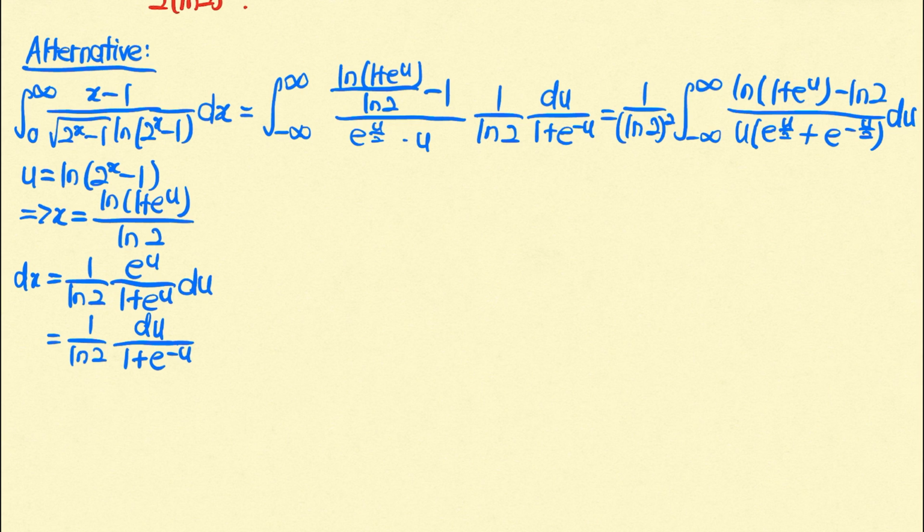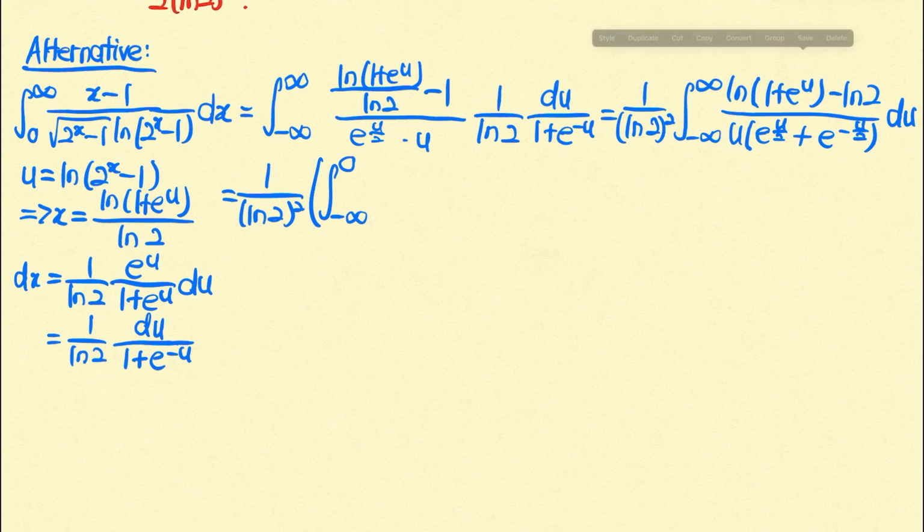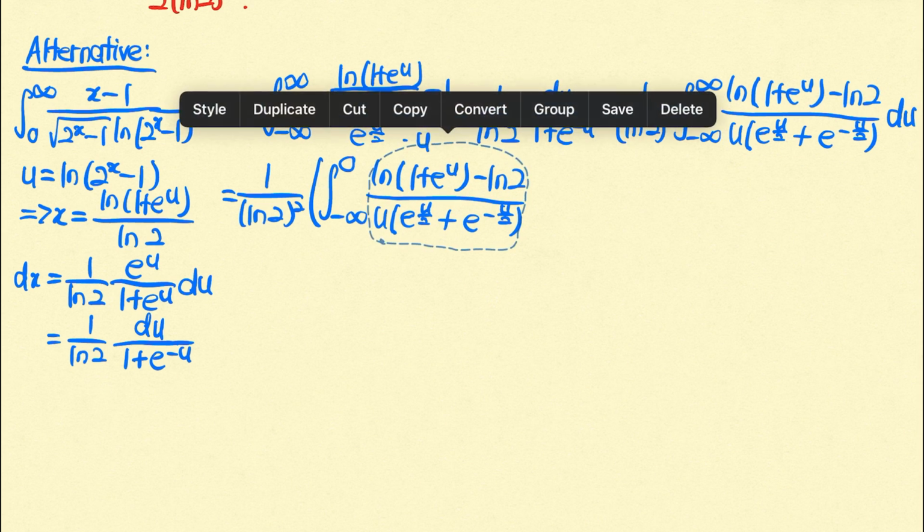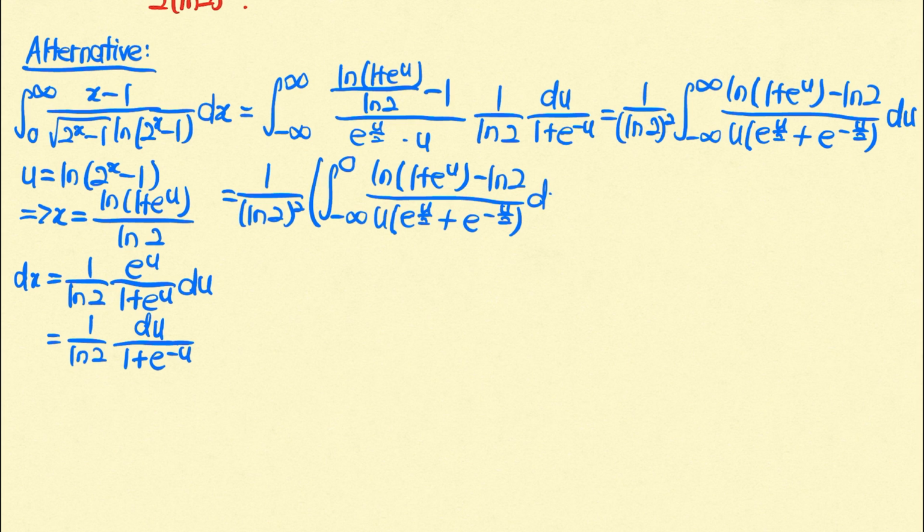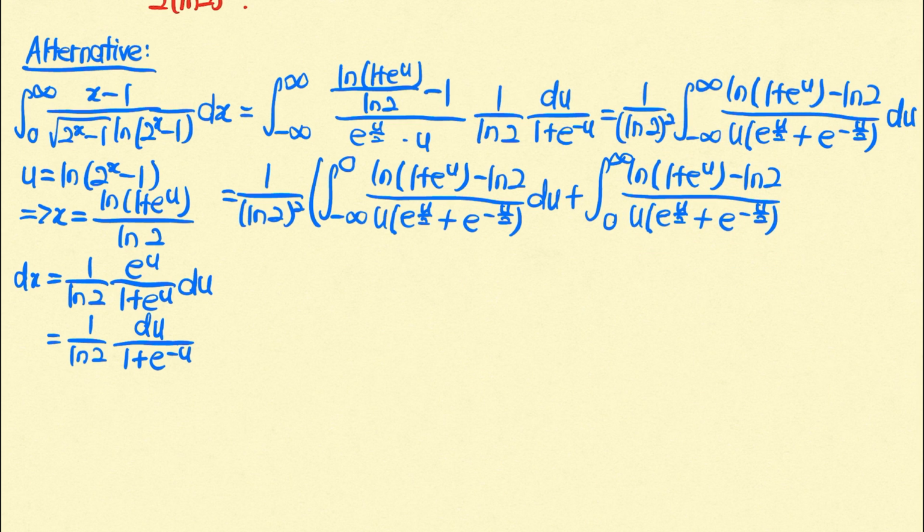And now we can actually split the integral into two parts, which is (1 over natural log of 2) squared. I'll split this into negative infinity to 0, and the integrand will be the same, so it is du, plus the integral from 0 to infinity of essentially the same thing, du.